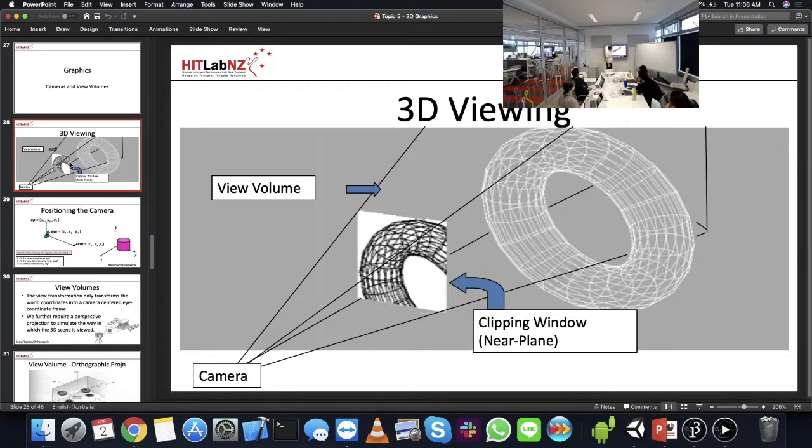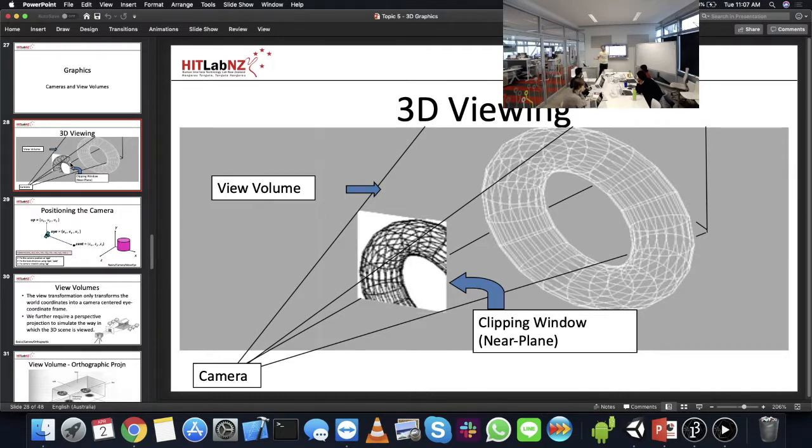And likewise, we often have a far clipping plane, because for every object we have to draw, we have to do some maths to it. We have some points and we have to multiply them by a transform and do some other bits and pieces to figure out exactly how a 3D object gets drawn as two-dimensional pixels on a screen. But obviously the further away an object is from me, the smaller it's going to appear.